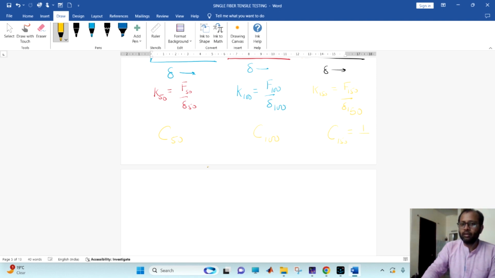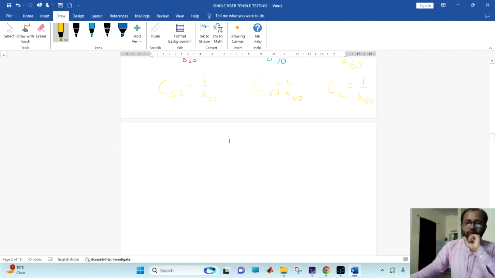How? C150 is 1 divided by the stiffness for 150 mm, C100 is 1 divided by the stiffness of the 100 mm gauge length, and C50, the compliance of the 50 mm gauge length, is equal to 1 divided by the stiffness of the 50 mm gauge length.